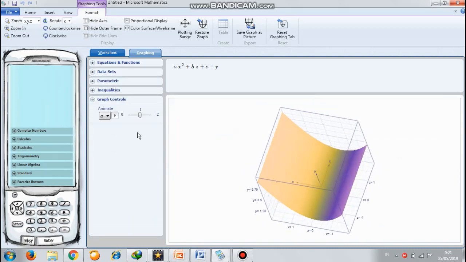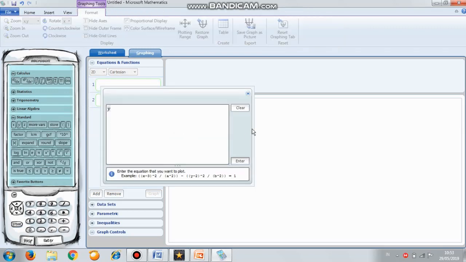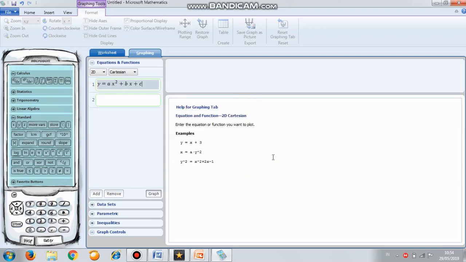Then quadratic form graphing. Y equal to ax squared plus bx plus c. Enter and then graph. So it will be displayed like this.